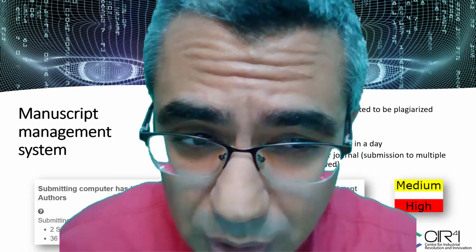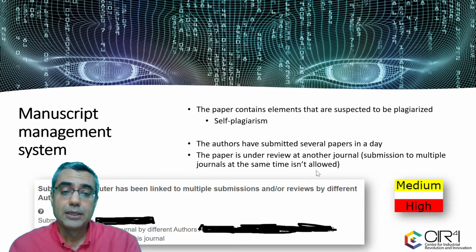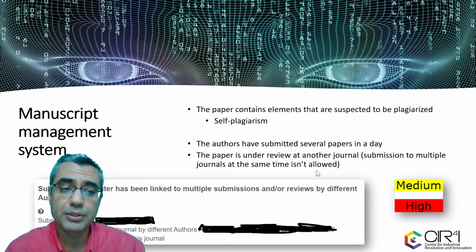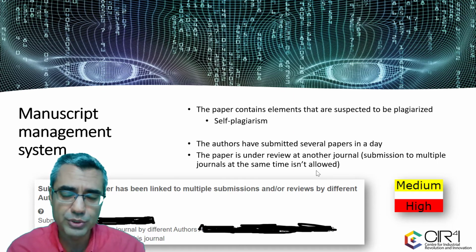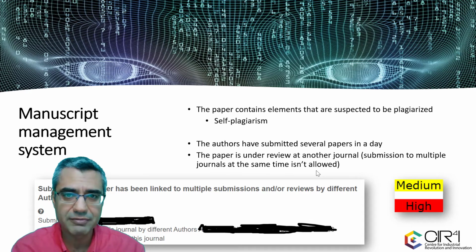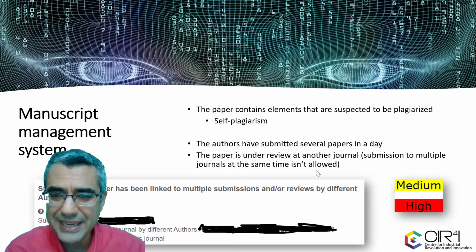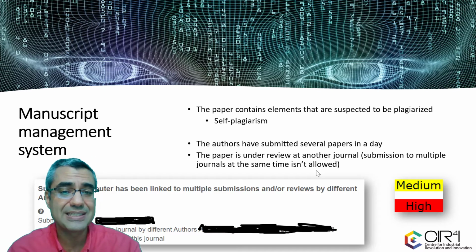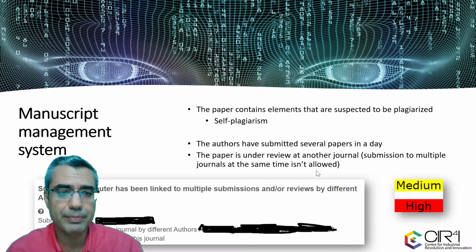Now I want to share with you a secret. Manuscript management systems that large publishers are using, like Emerald, Elsevier, Springer, use artificial intelligence systems to detect high-risk papers.